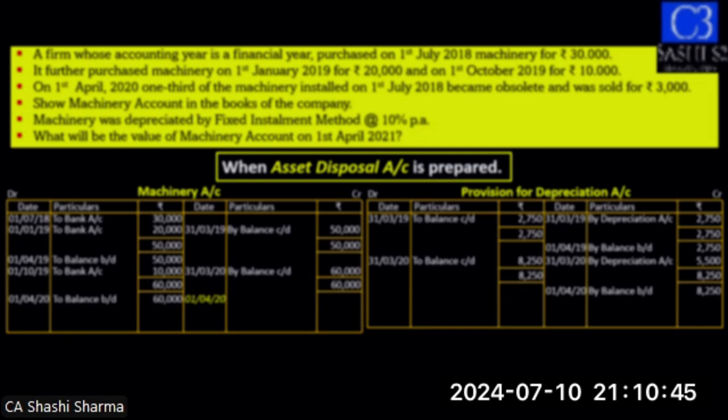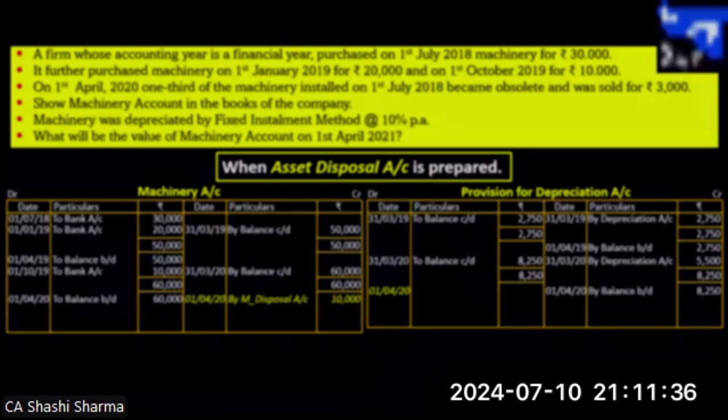On 1st April 20, the machinery costing 10,000 is going out of the business. It's being sold. So while purchasing the machinery, we were debiting this account, and since now the machinery is being sold, it will be credited. So on the credit side, we will write by asset disposal, and rupees 10,000 will be taken out of this account to a newly opened account, which is machinery disposal.